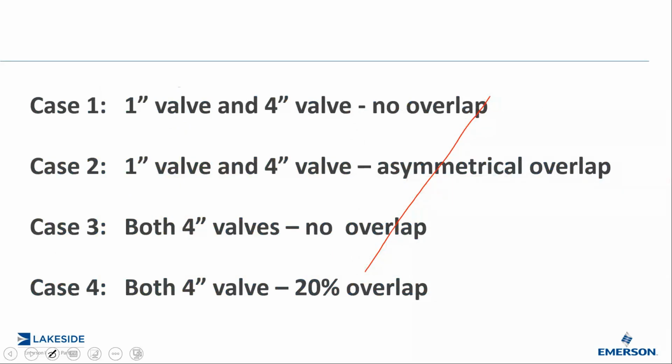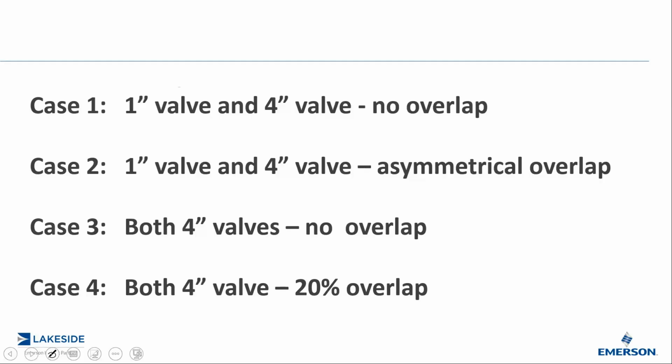I do have 4 cases that I want to explore. The first case is a small valve, a 1-inch valve, and a 4-inch valve, with no overlap. 0 to 50, one valve opens; 50 to 100, the second valve opens. Case number 2 is similar, a 1-inch valve and a 4-inch valve, except I'm going to have an asymmetrical overlap, meaning it's not just going to overlap in the middle, it's going to overlap a little bit sooner rather than later.